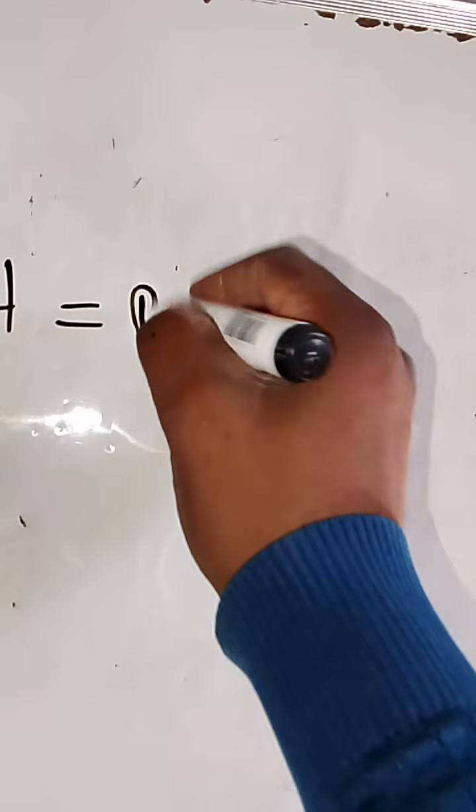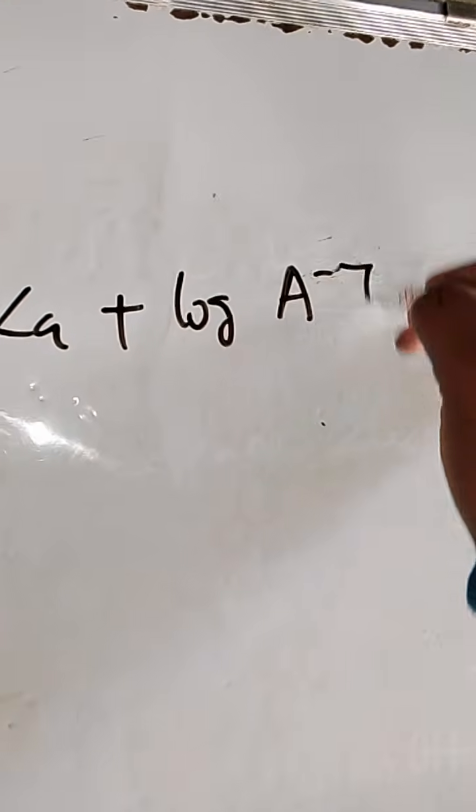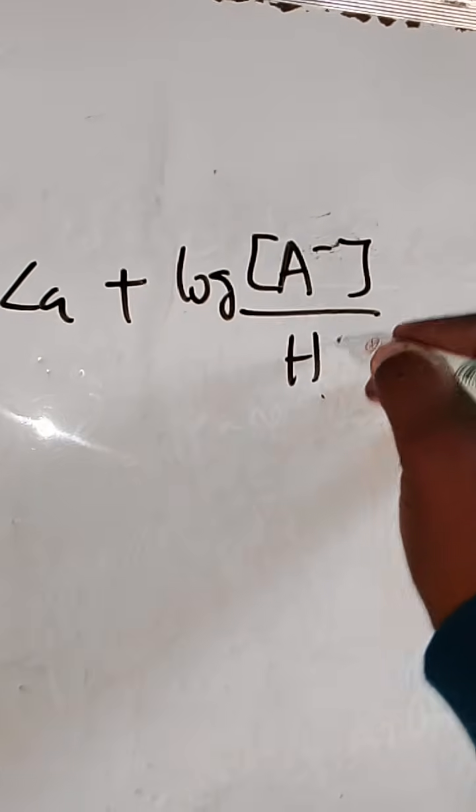pH is equal to pKa plus log of A minus over HA.